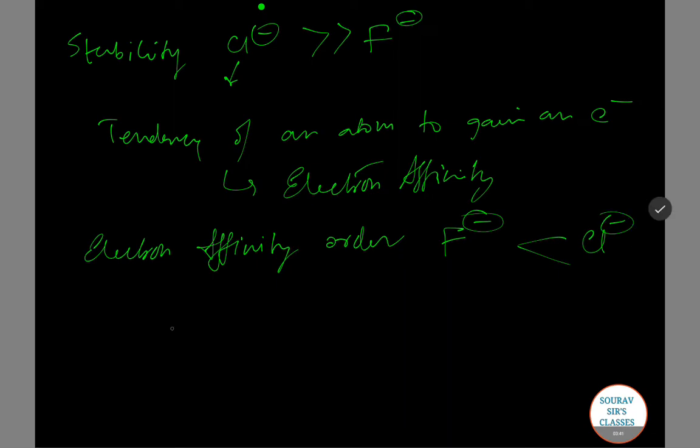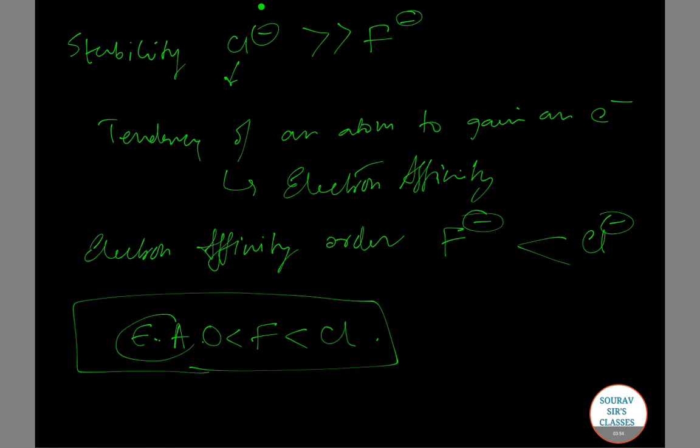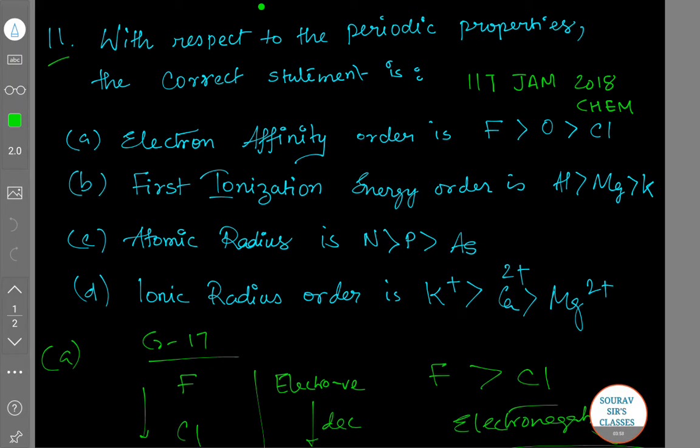Electron affinity wise, that of fluorine will be greater than that of oxygen but lesser than that of chlorine. So this will be the electron affinity order. Going back to the question, the electron affinity order given is F greater than O greater than Cl, which is not true. So we can successfully eliminate option A. The correct order will be chlorine greater than fluorine greater than oxygen.